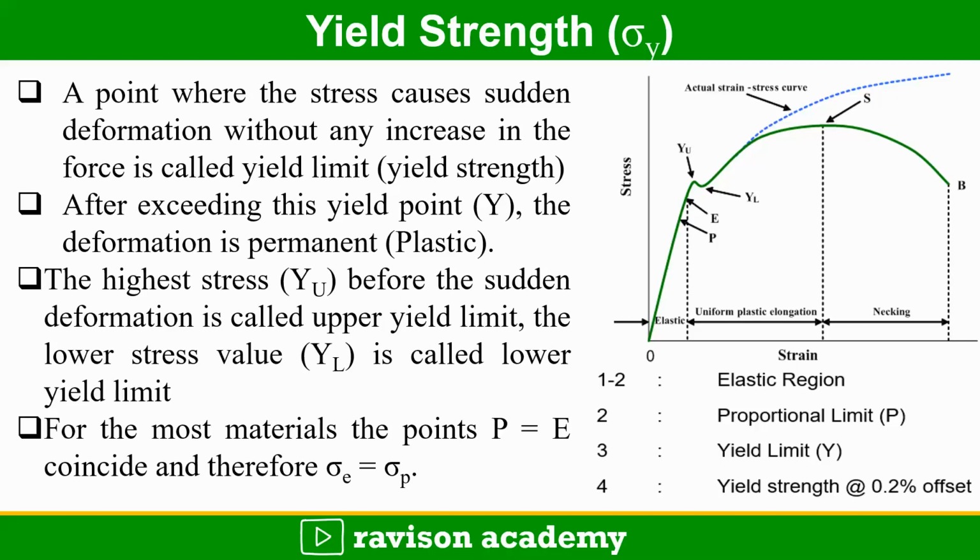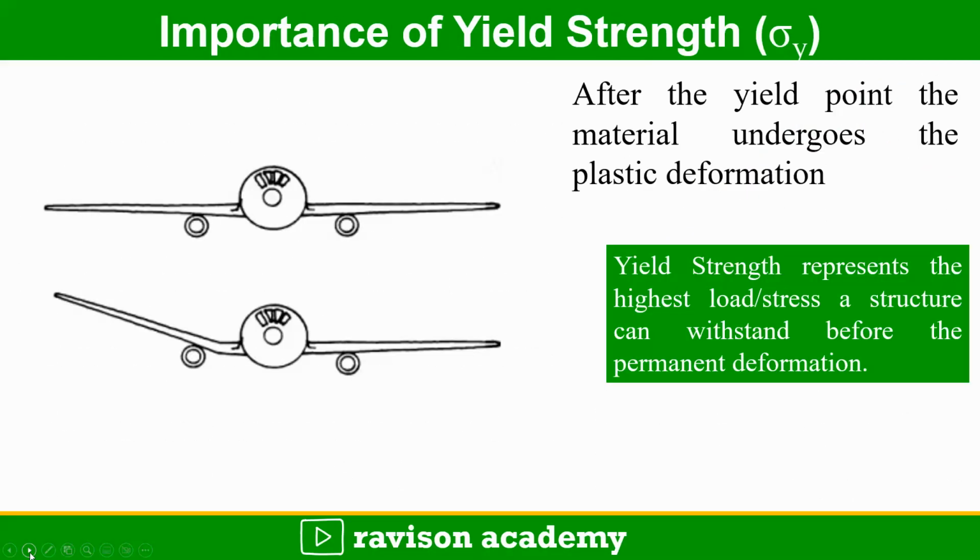Beyond yield, the material is said to be plastic. That indicates the material deforms and changes its size and shape so that it cannot regain its shape when the load is removed. So at this point, we will call it the yield strength. So this yield strength is an indication of the material's plastic deformation.